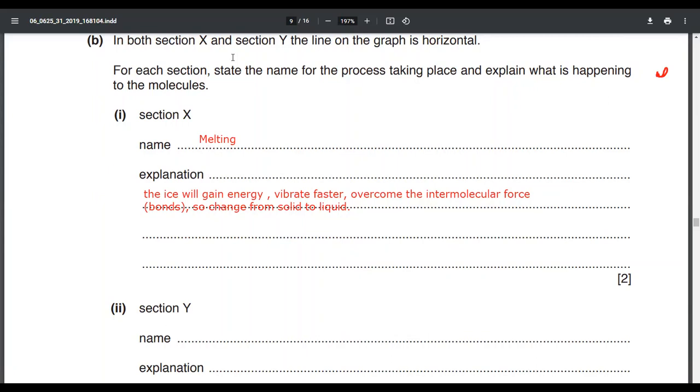The name is boiling, and then the explanation.